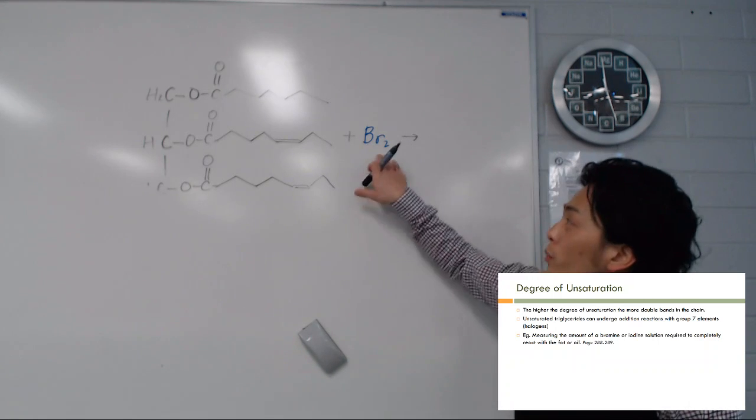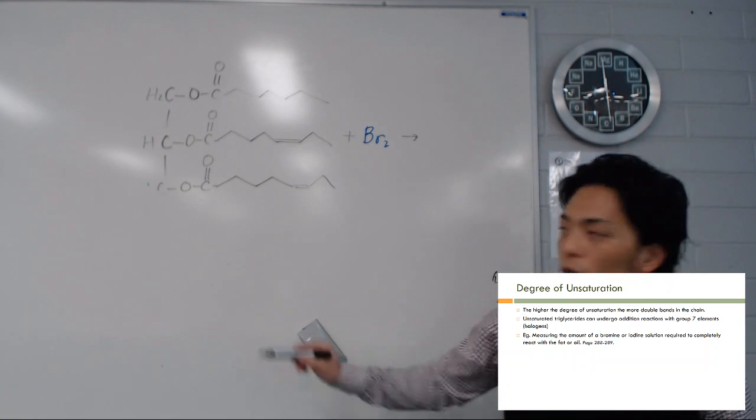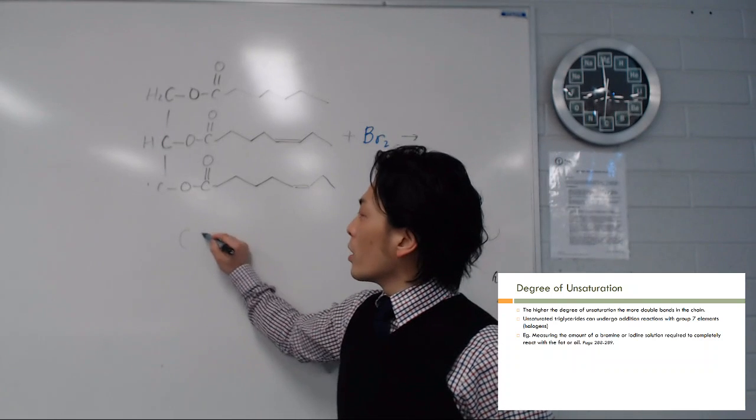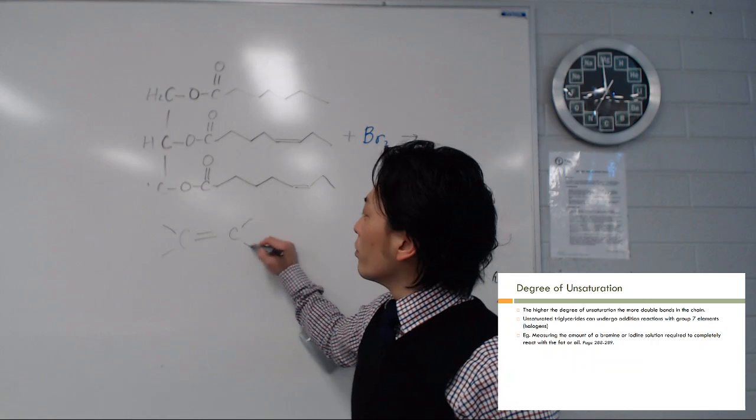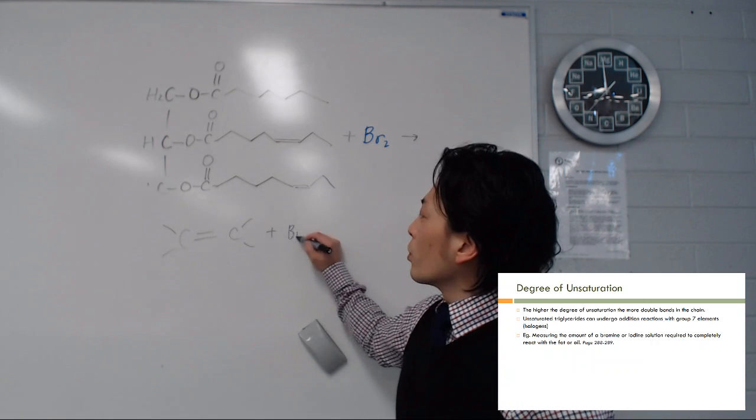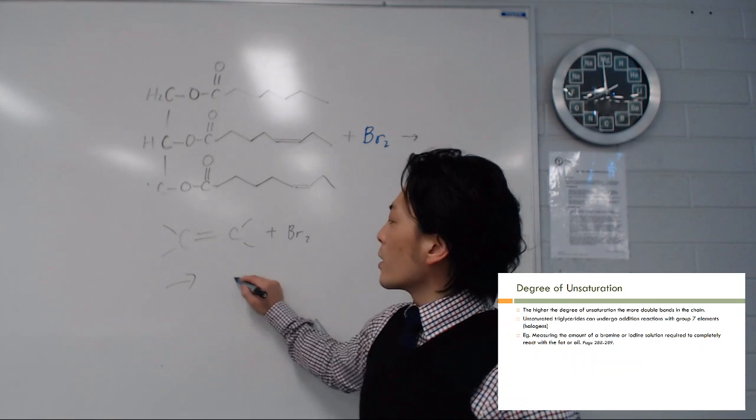How many molecules of bromine would you need? The reaction that would occur is C double bond C with addition of Br2. That makes it C, C.